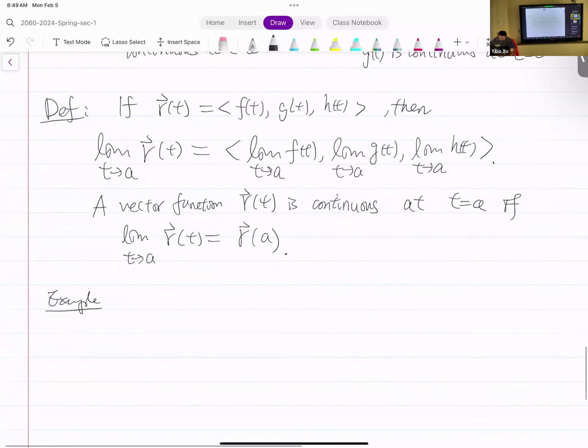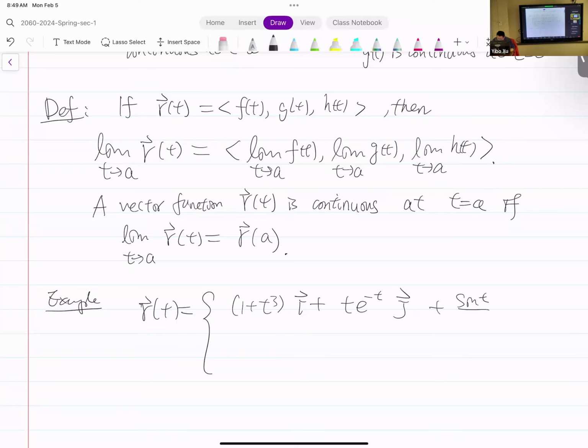Quick example. Let's look at the vector function of t, which equals this piecewise definition. It's 1 plus t cubed i, plus t e to the negative t j, plus sine of t over t k, when t is non-zero.